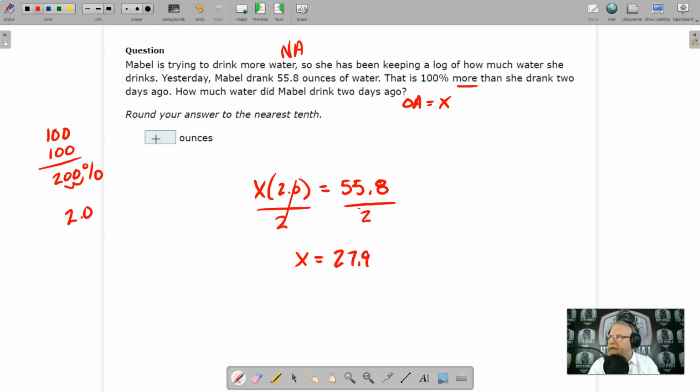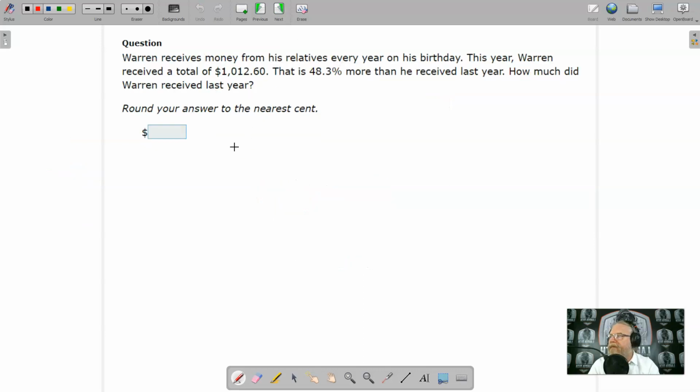I'm like, wait a second, does that make sense? 27.9. So this is what she drank 2 days ago. She drinks 100% more. We're basically doubling that. So, yep, indeed, 27.9 times 2 is indeed 55.8. So the answer seems to be good to go.